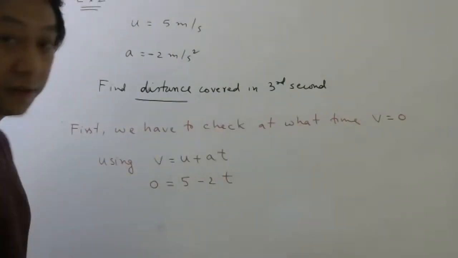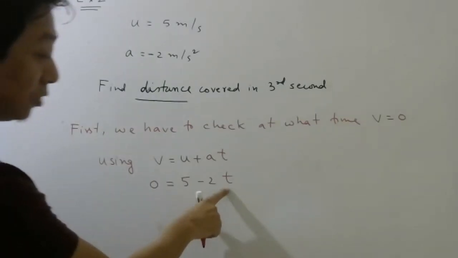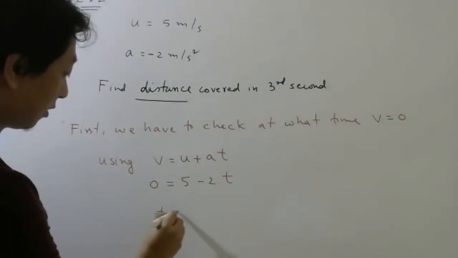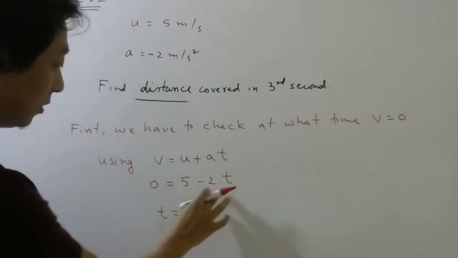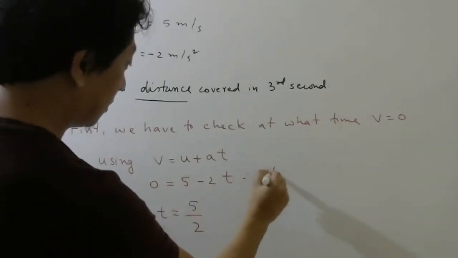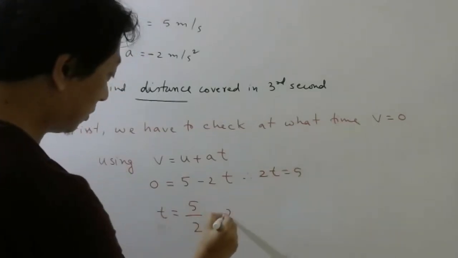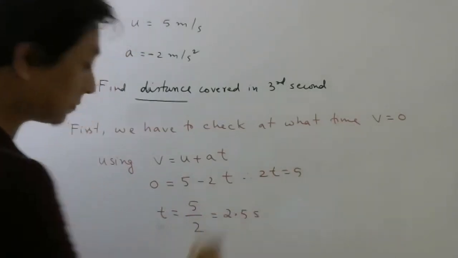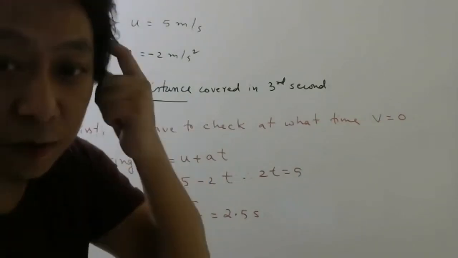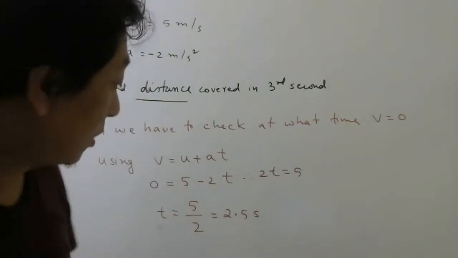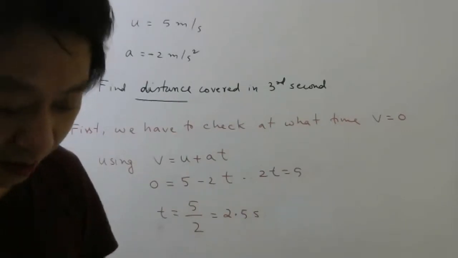Time taken is T, from 0 to T. So T is 5 by 2, correct? 2T equal to 5, so T equals 2.5 seconds. So what did we learn from here? It will turn at 2.5 seconds from the start.